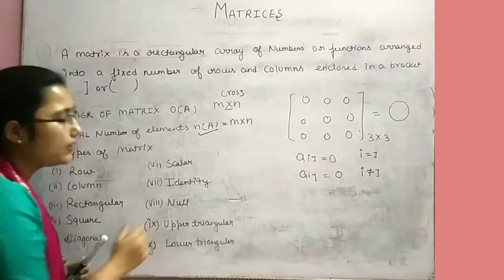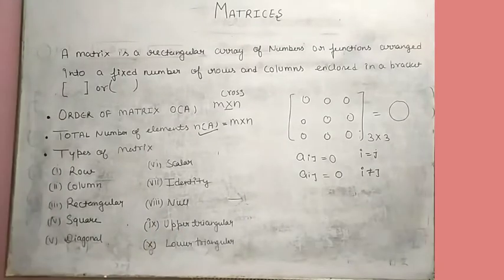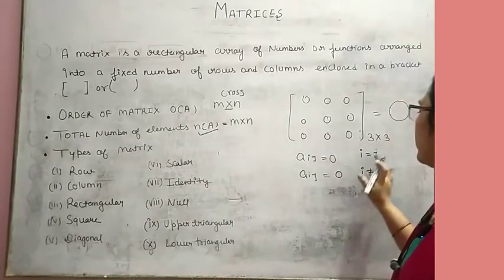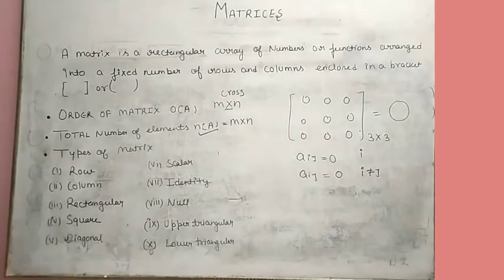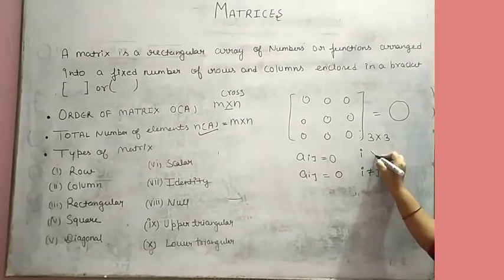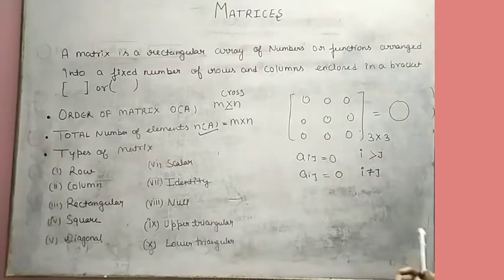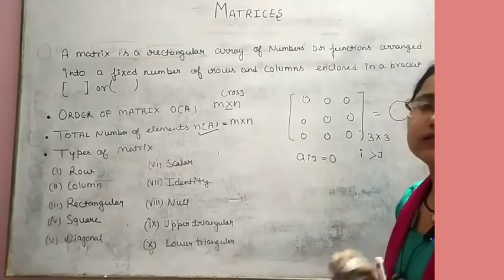Next, upper triangular matrix. That means any square matrix Aij is called the upper triangular matrix if Aij equals to 0 for any I greater than j.